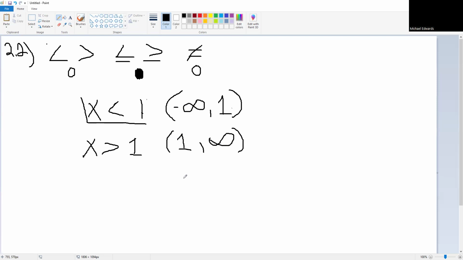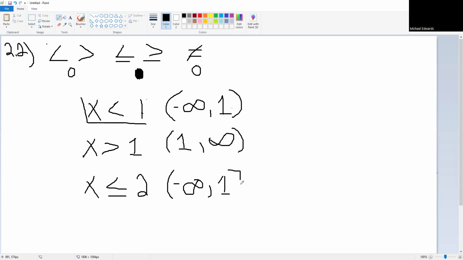There's also x less than or equal to 2. I just arbitrarily chose 2. This guy is a little different. We know that negative infinity is one of them, and we know 1 is one of them, right?